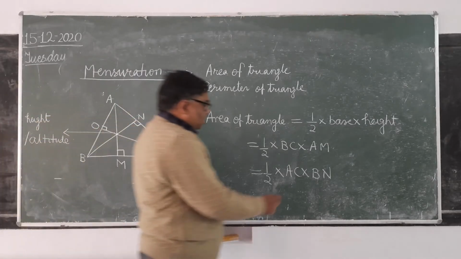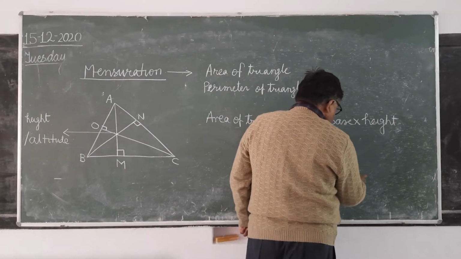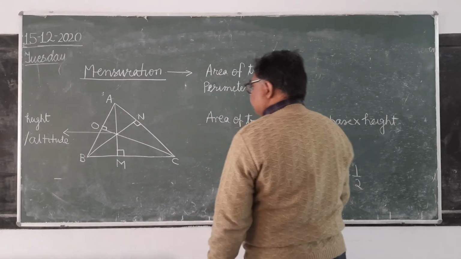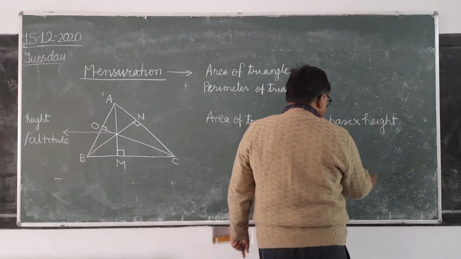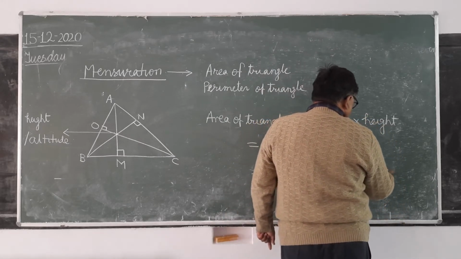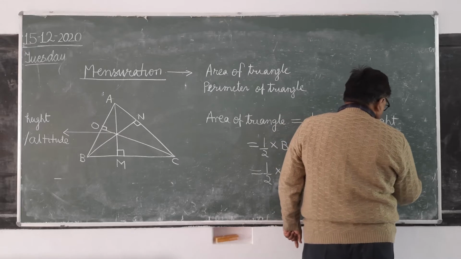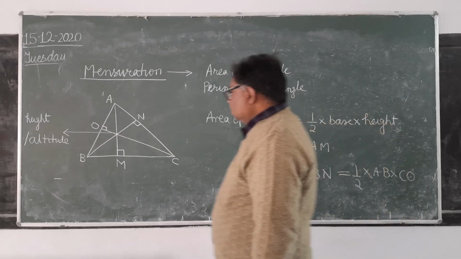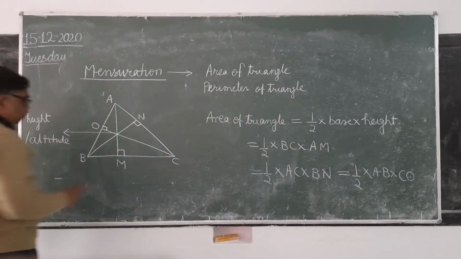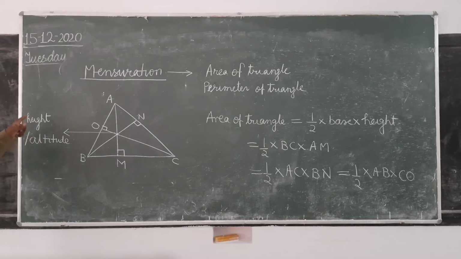So it will be 1/2 into base AB into CO. So here AM, BN and CO are the heights of the triangle. These are the altitudes of the triangle.